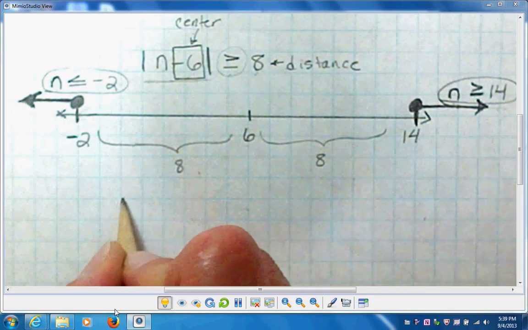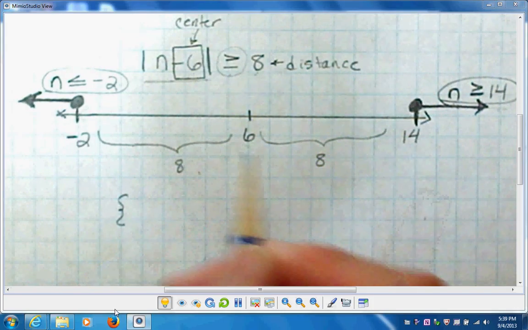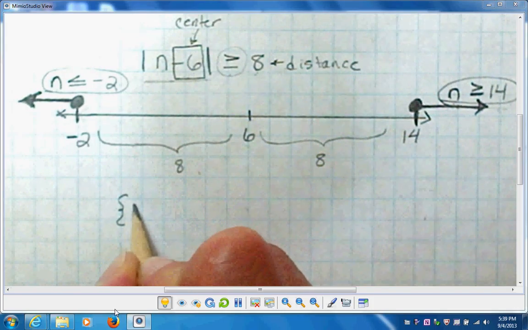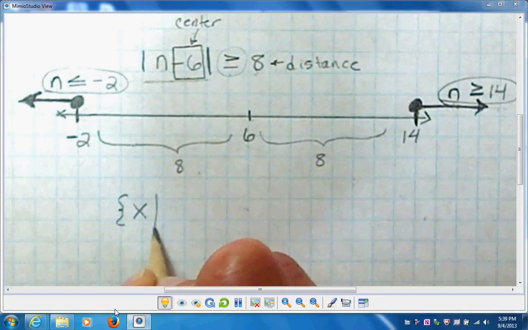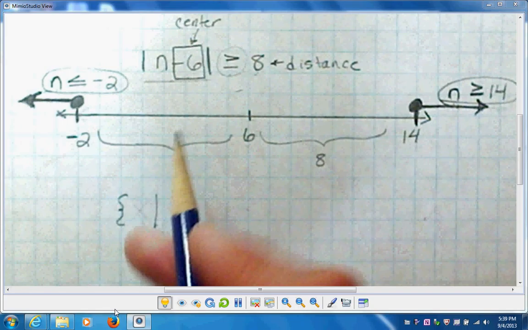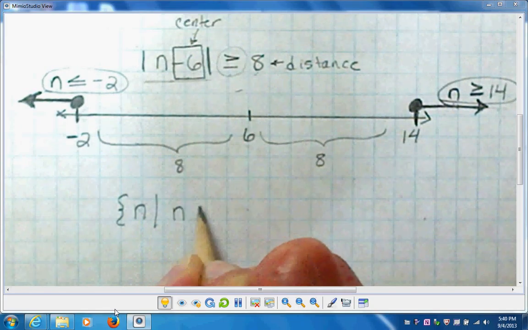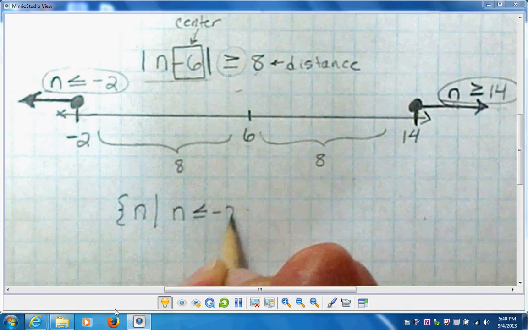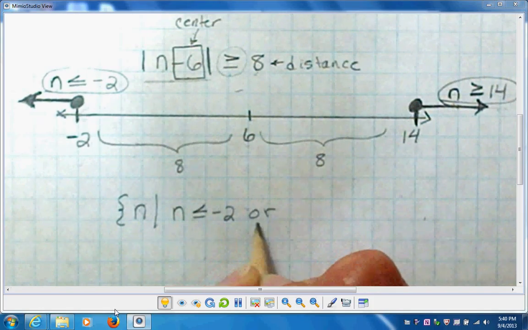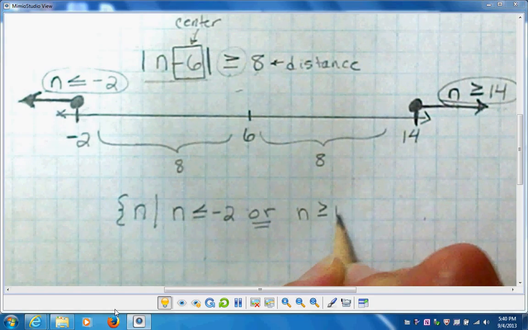So I'm going to use curly braces, and I'm going to say the set of x such that, excuse me, I need to say n because this is an n. The set of n such that n is less than or equal to -2, or n is greater than or equal to 14.